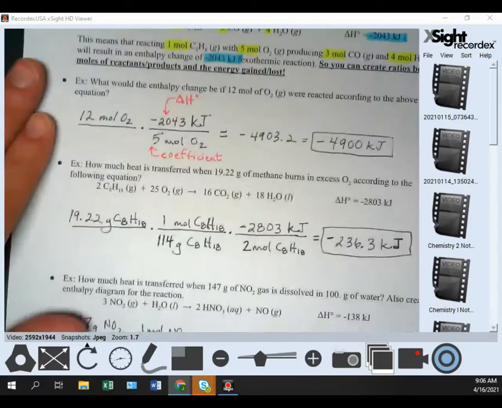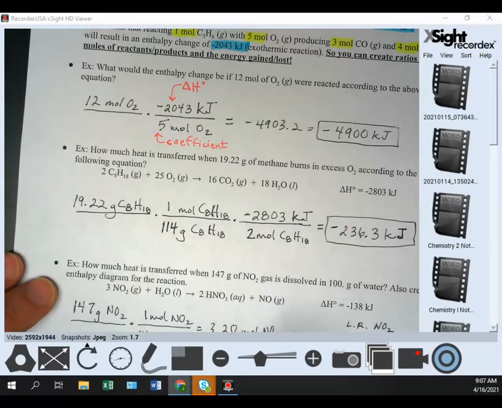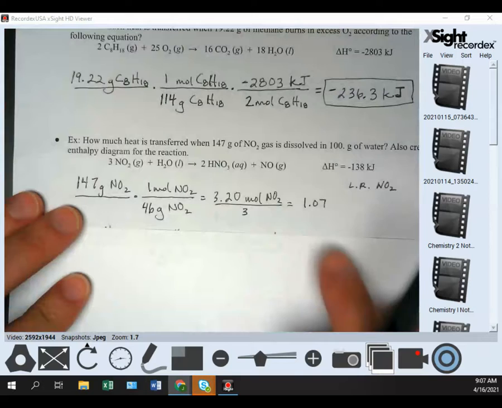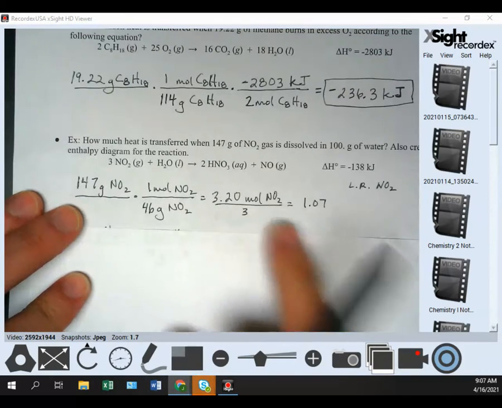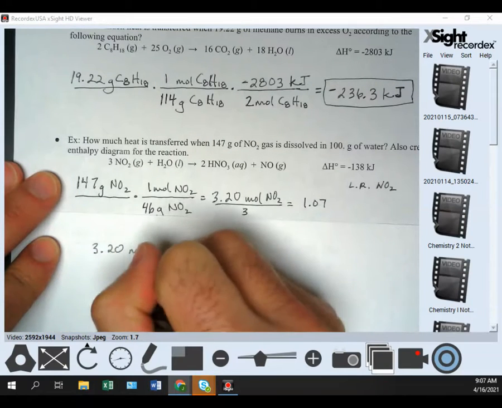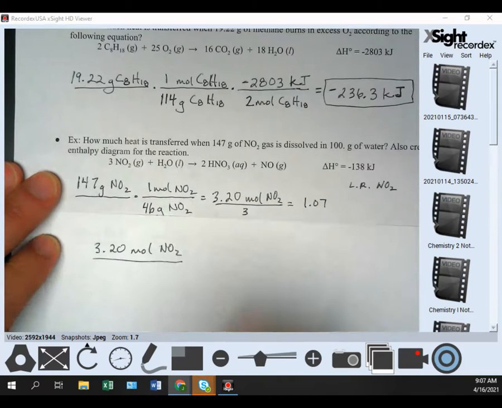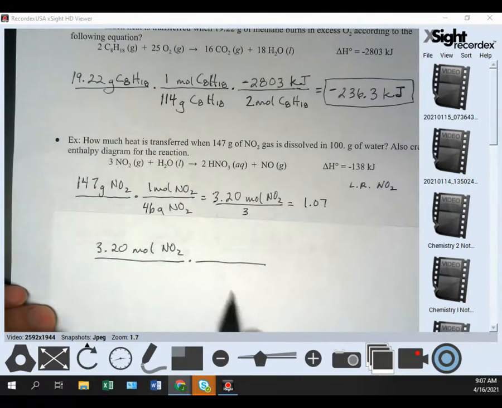Okay, so if I said I have 3.20 moles of NO2, and I wanted to turn that into kilojoules. Okay, you don't need to write this down. I'm just showing you something. That's why I'm doing it on scratch paper. What would I do here?